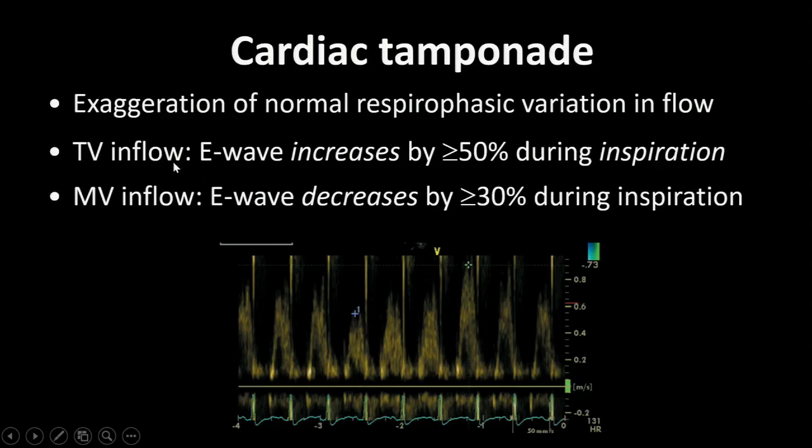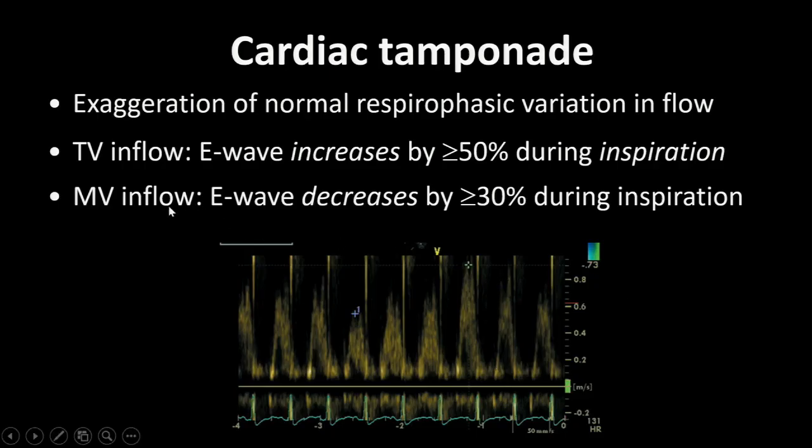So in the setting of tamponade, tricuspid valve inflow, the E wave will increase by roughly greater than 50% during inspiration. And again, it's normal for the tricuspid valve inflow to increase when you take a breath in, but because there's a pericardial effusion that's constraining the heart, that increased blood flow, all it can do is kind of pull over and increase the amplitude of that tricuspid valve inflow.